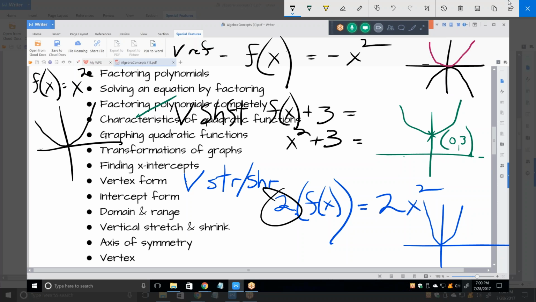It means however far away I was from the x-axis, I'm now going to be twice as far. So when x is 1, y is now 2, not 1. And when x is 2, y is not 4, y is 8. So the net effect is you make the parabola skinnier.